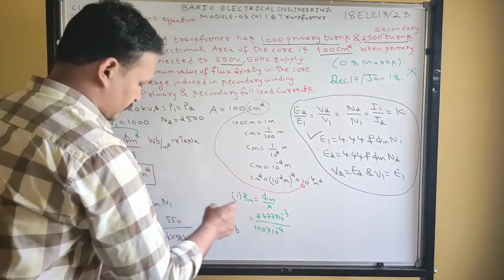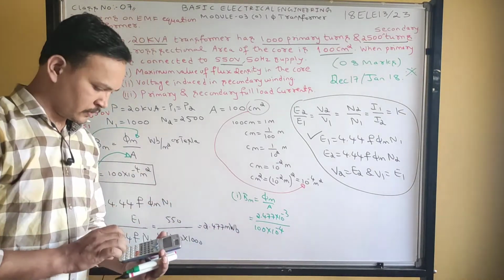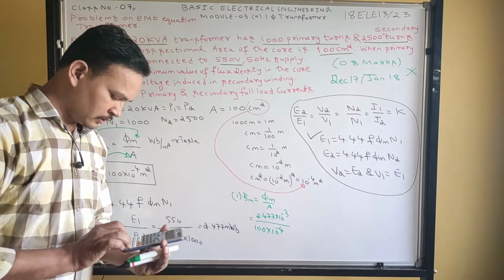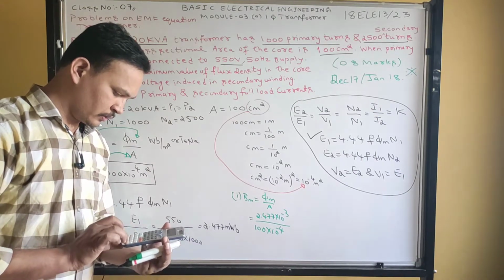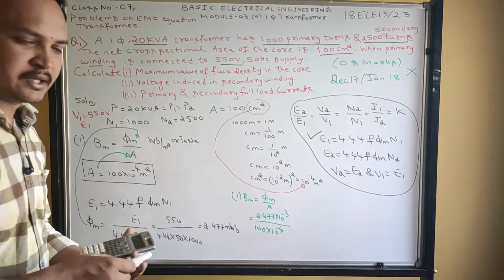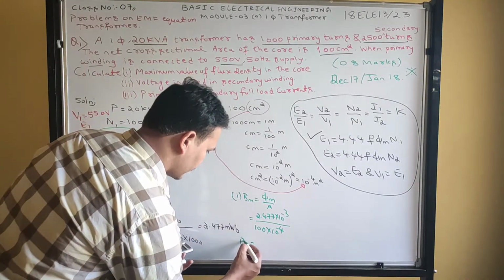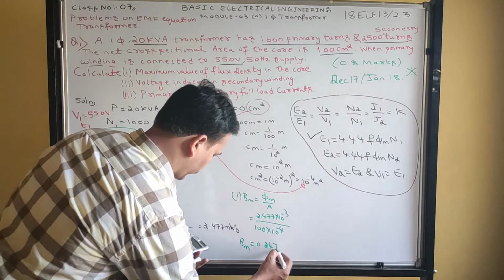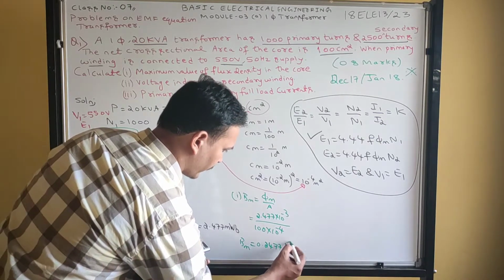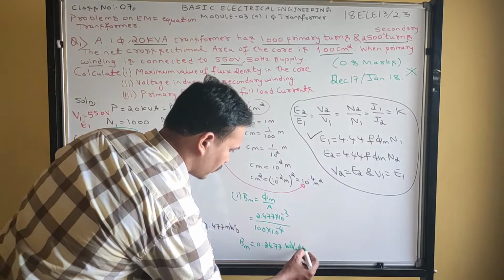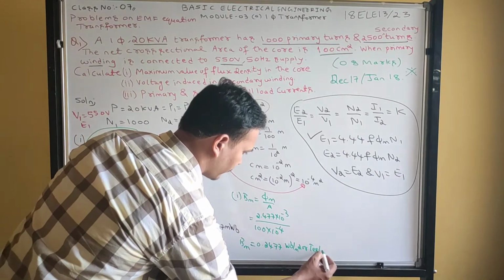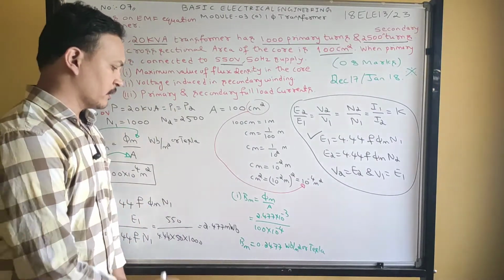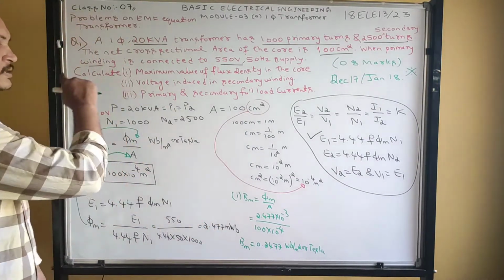So dividing by area, the maximum flux density in the core is 0.2477 Weber per meter square, or 0.2477 Tesla. So this is the answer for the first question.